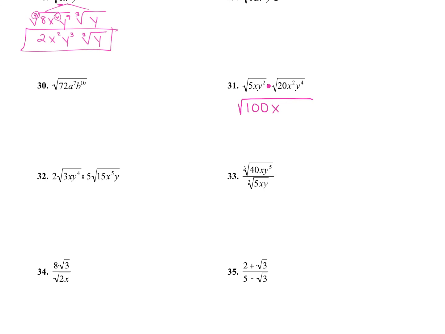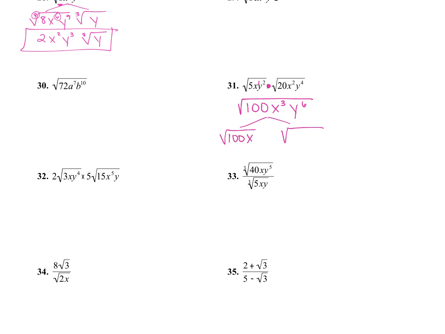X to the what power? 3rd. Now is where you add them, right? X to the 1st times x squared is x to the 3rd. And then y to the 6th. Okay. Now you can break it into what's a perfect square and what's not a perfect square. What's a perfect square from 100? 100, right? You do the whole thing.